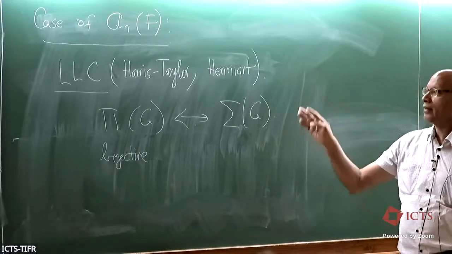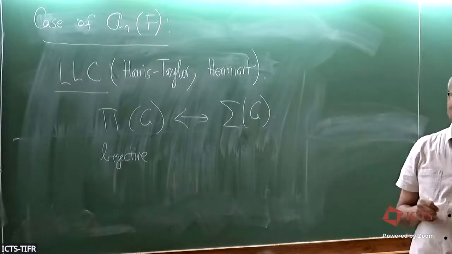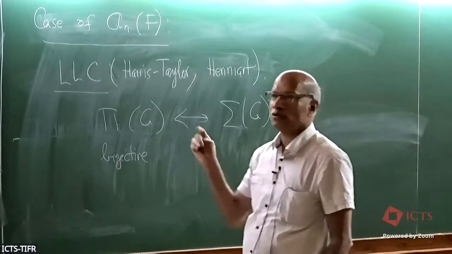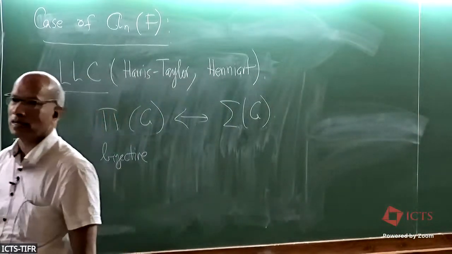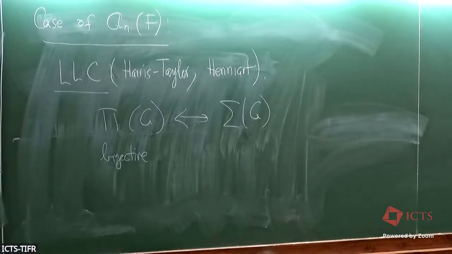For GL_n, there are L-functions and epsilon factors, which are used to characterize the local Langlands correspondence as a unique map. But for a general reductive group, that is not there, so to say.